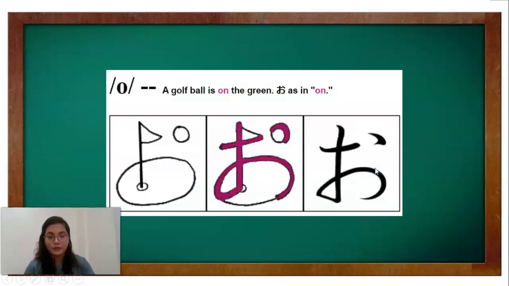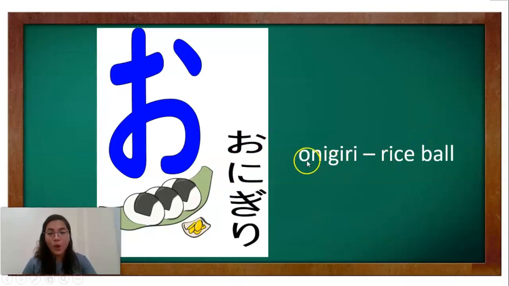To easily remember this, imagine a golf ball on the green. So O as in on. Here's an example word that starts with O. Onigiri. Onigiri means rice ball.